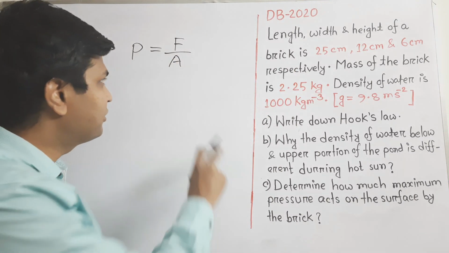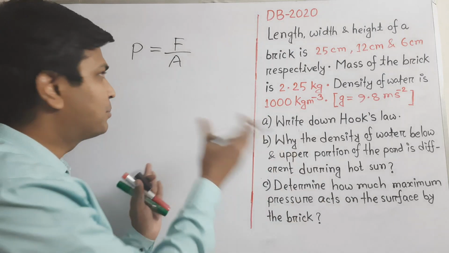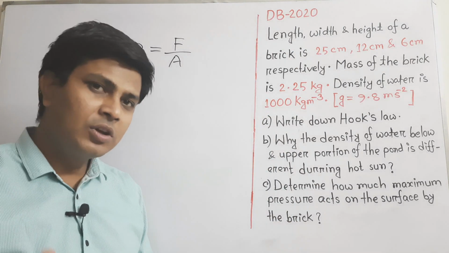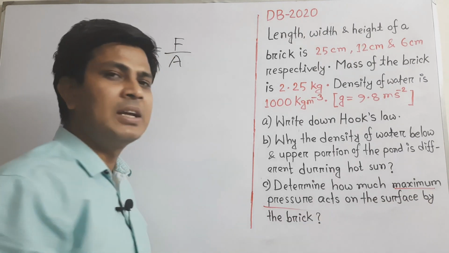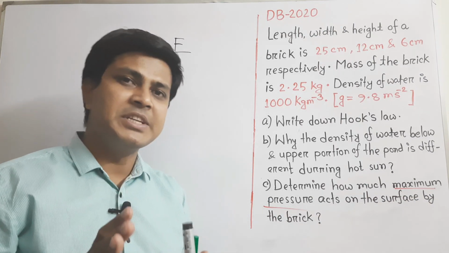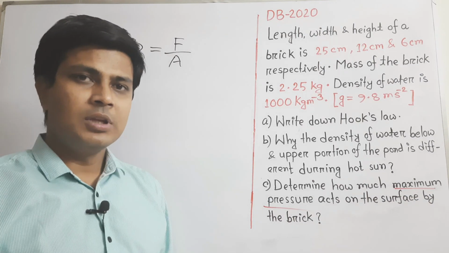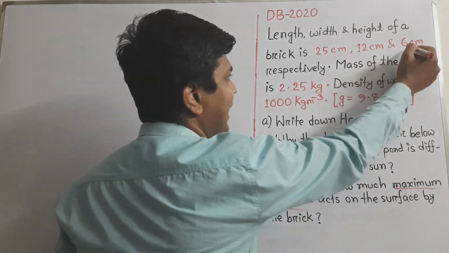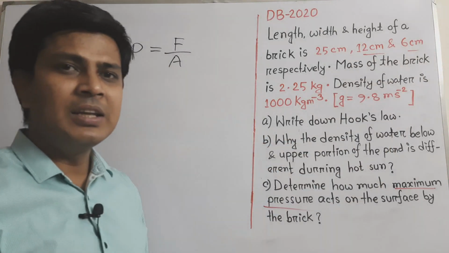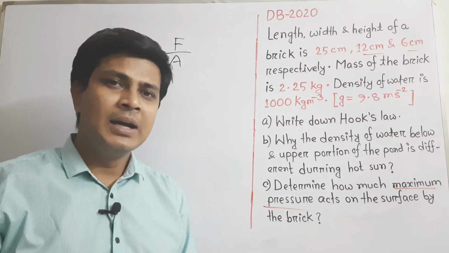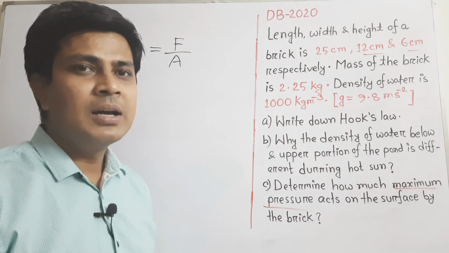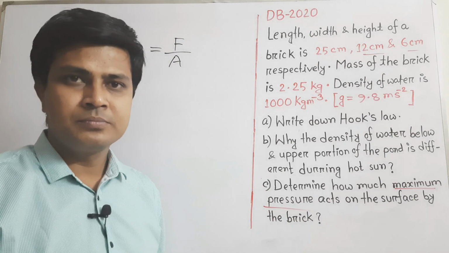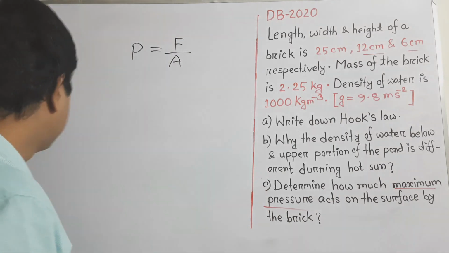That means if area is less, then the pressure will be more. So if you want to calculate the maximum pressure, then the area must be taken minimum. If we choose the width and the height, then you will get the minimum area, and by the minimum area you will experience the maximum pressure. So let's solve the math.